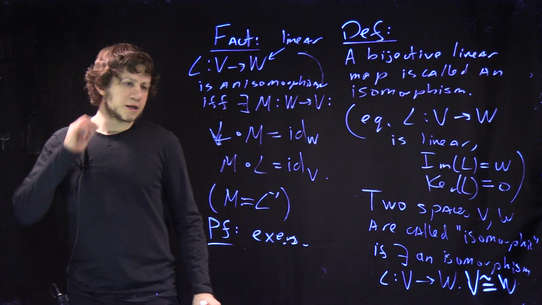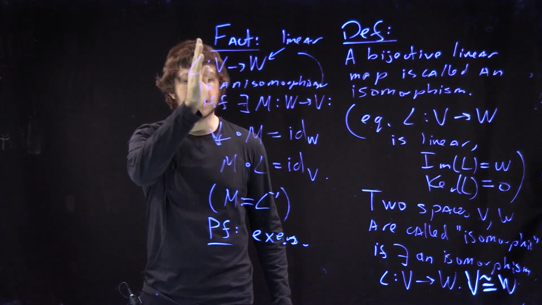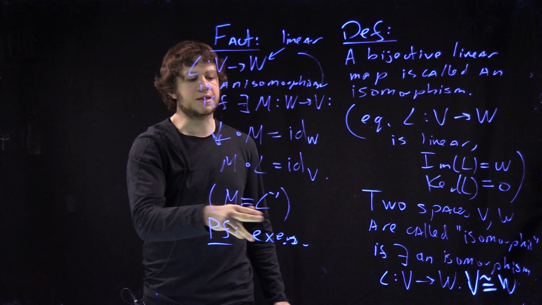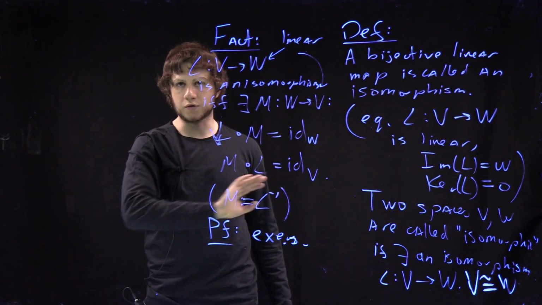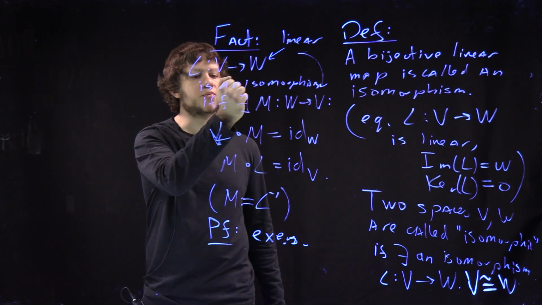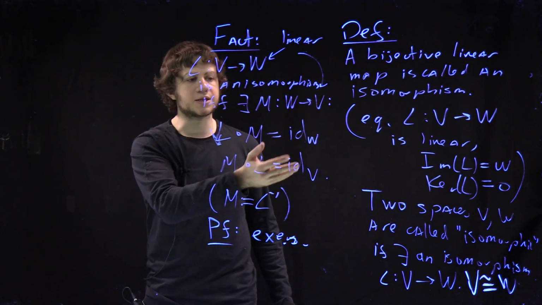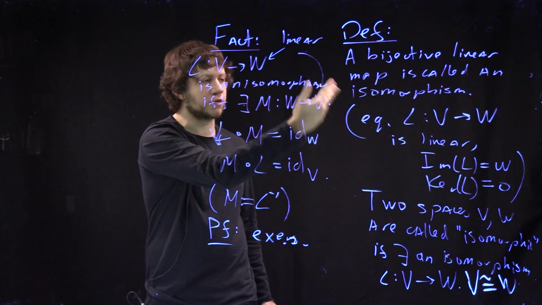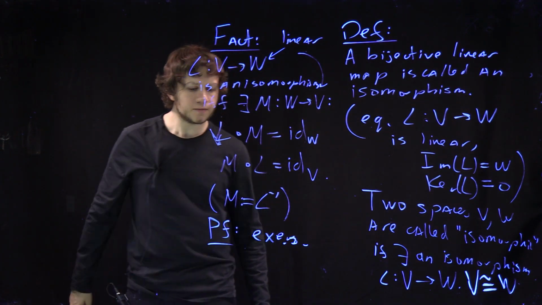The main idea is that if you have a linear map which is a bijection, it definitely has an inverse. Let's take it, and then you easily prove that it actually is linear. That's the key fact. And of course, backwards, if you have a linear map which has an inverse, meaning such M exists, then your map is a bijection from the set theory fact. That's why it's so easy.